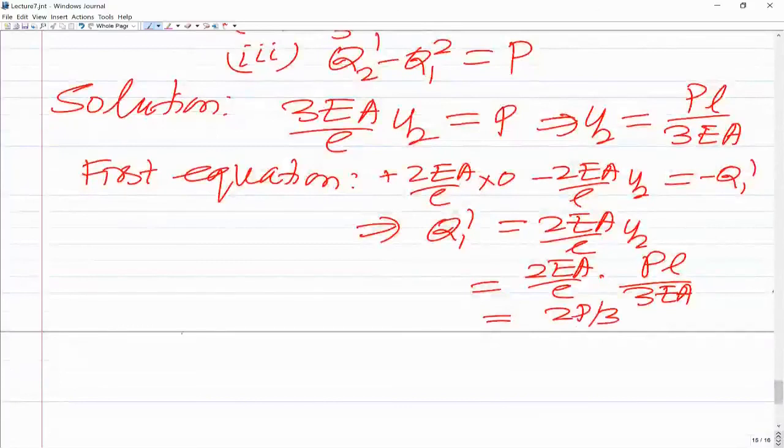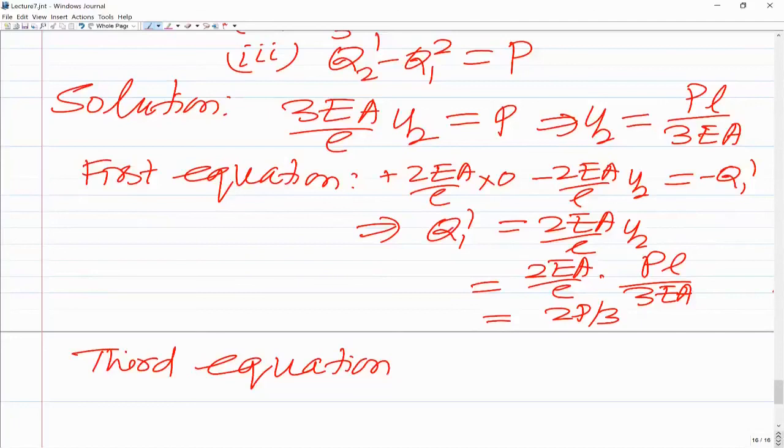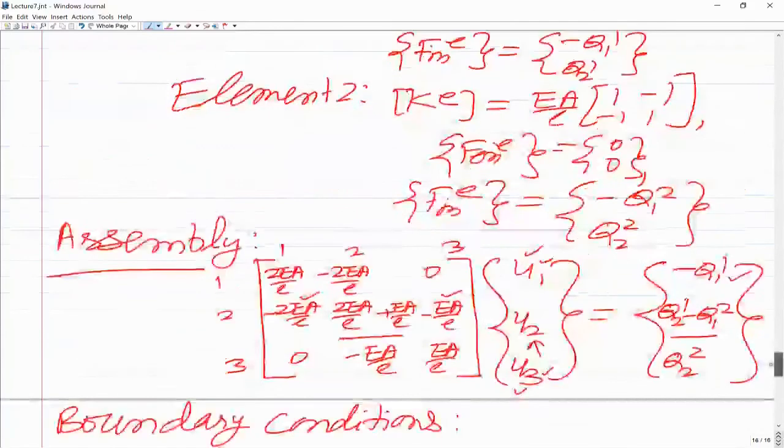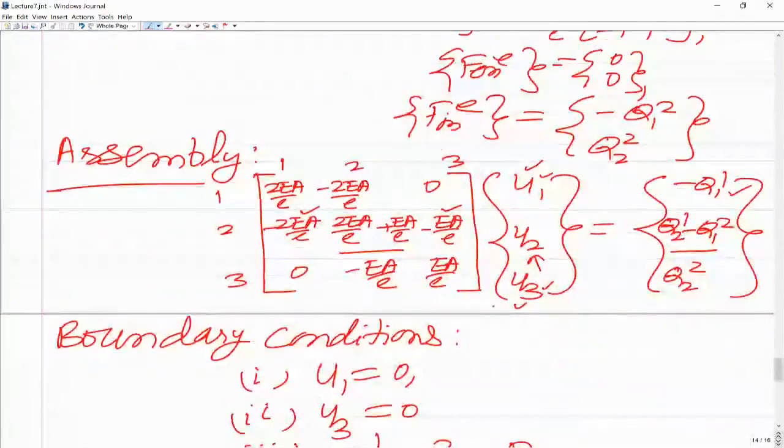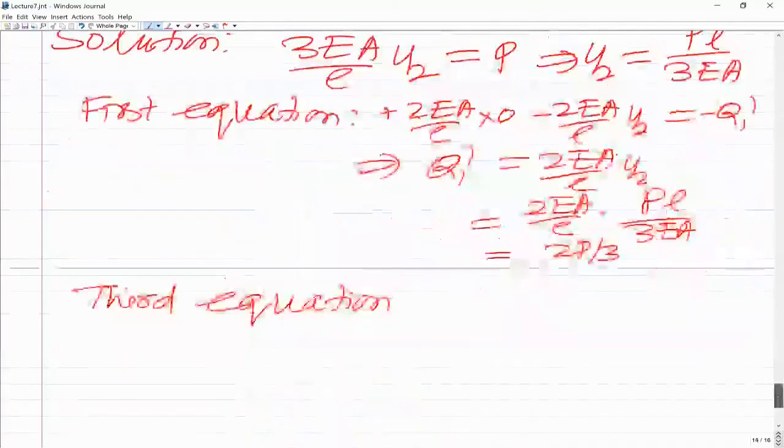And then from the third equation, you have 0 into u1, so that is already 0, and minus EA by L into u2, and then EA by L into u3, where u3 is equal to 0, and the right hand side is q22.